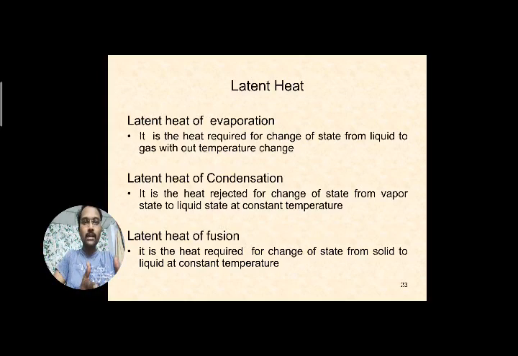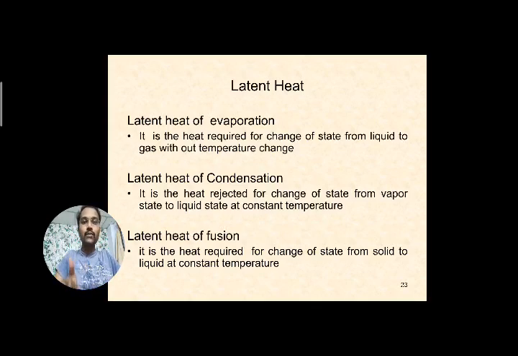Coming to the second one, the latent heat of condensation. Condense means changing phase from vapor to liquid. That is the condensation process. During this process, the vapor has to reject heat to any other medium or to the surroundings, at constant temperature, to change its state from vapor to liquid. That is called latent heat of condensation.